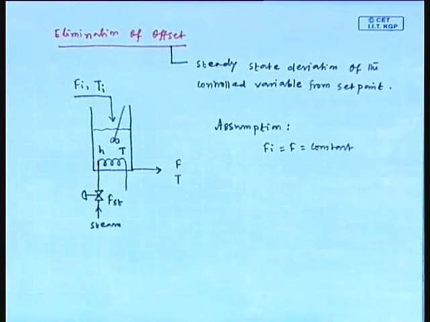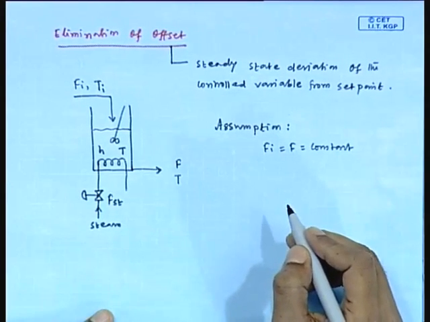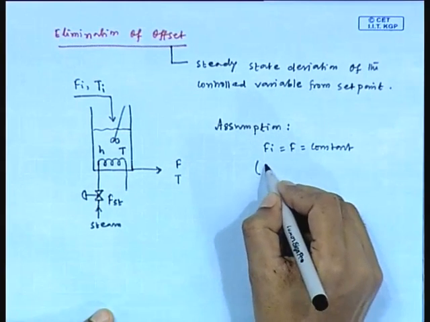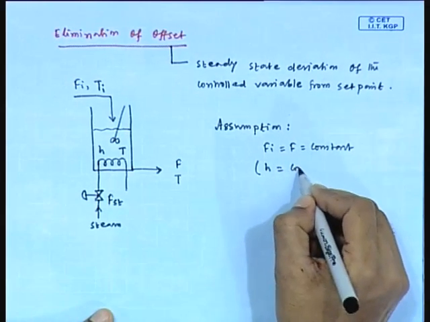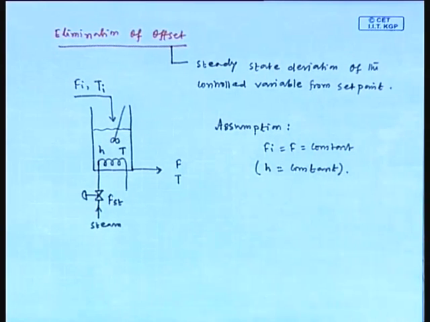So, what does it indicate? There is no variation of height. If both the inlet and outlet flow rates are equal and constant, then there is no variation of liquid height.